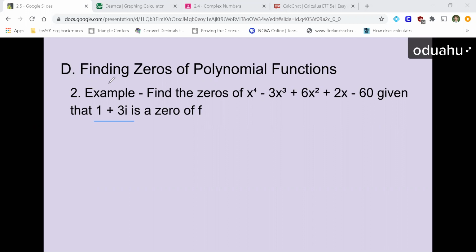The first conclusion that I would make when trying to solve this problem is that since 1 plus 3i is a 0, that means 1 minus 3i is a 0 too. So that means x minus 1 plus 3i times x minus 1 minus 3i are 2 of my factors.